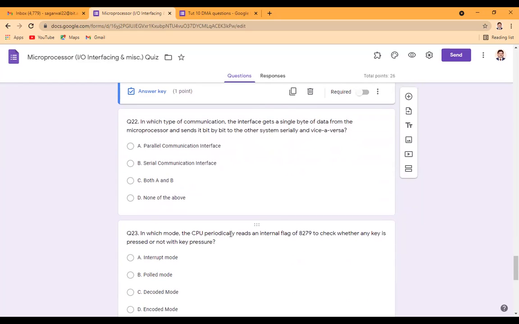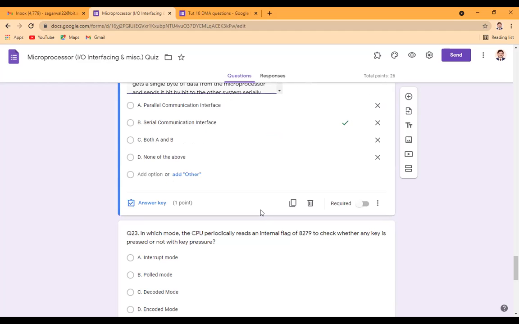In which type of communication does the interface get a single byte of the data from the microprocessor and send it bit by bit to the other system serially and vice versa?